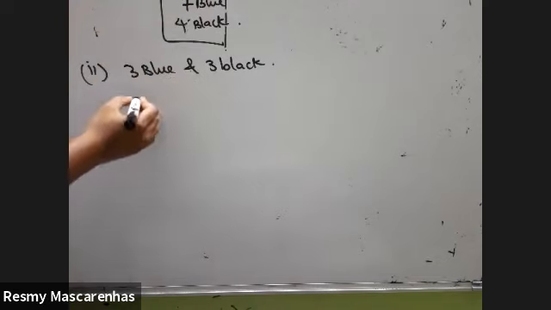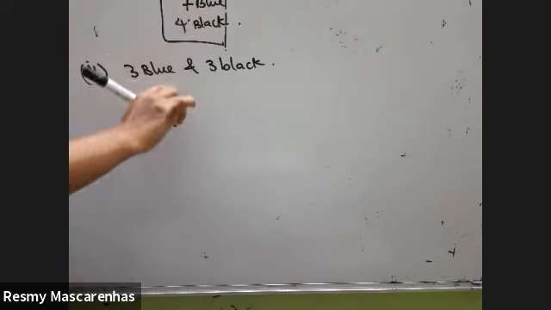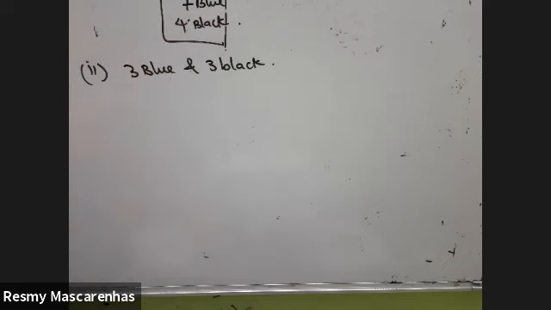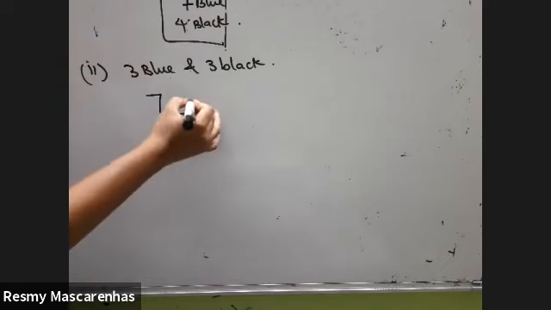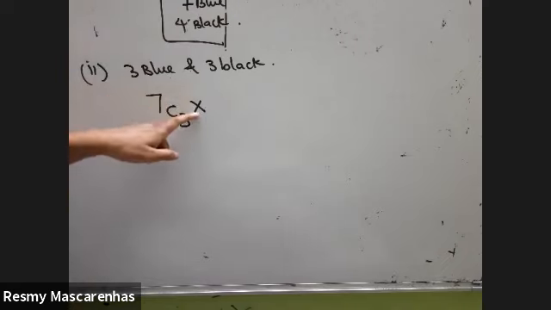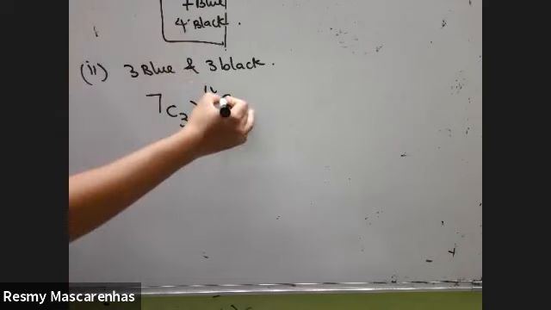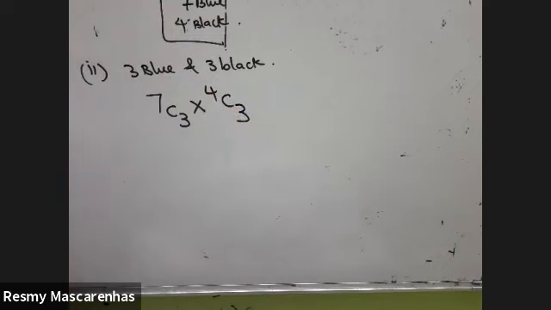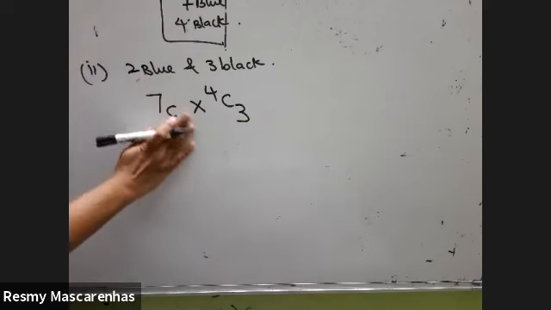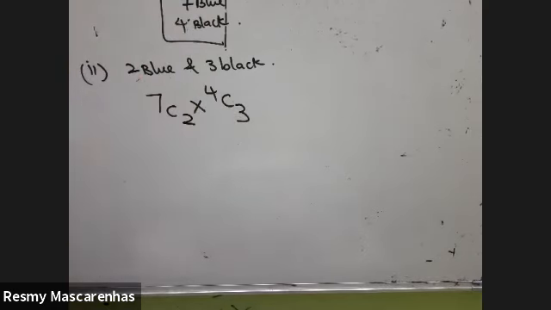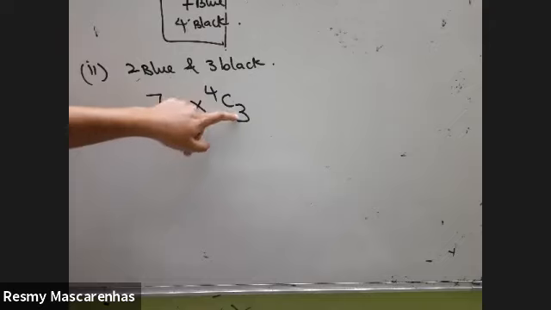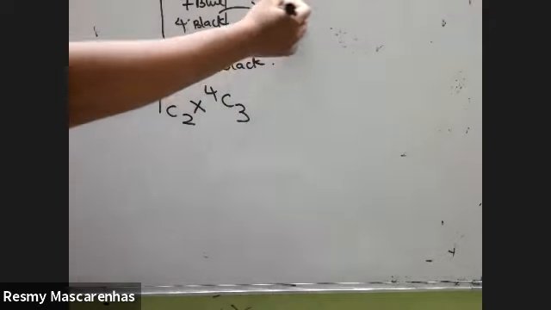And means multiply. So 3 blue I want. How many are available to me? 7 available. So from 7 I'm picking up 3 blue, and means multiplication, 3 black out of 4 available. Sorry, 2 blue, no? This will be 2 and this will be 3. If you add these, it should give you 5, since you are picking up 5.